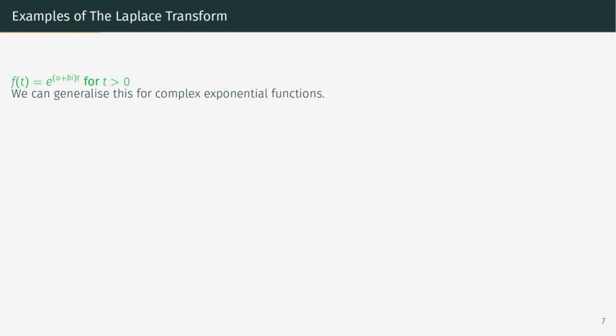We can even generalize this for complex exponential functions. So let's consider the function f of t equals e to the a plus bi times t for t greater than 0.